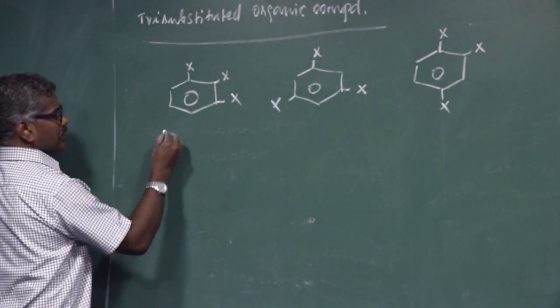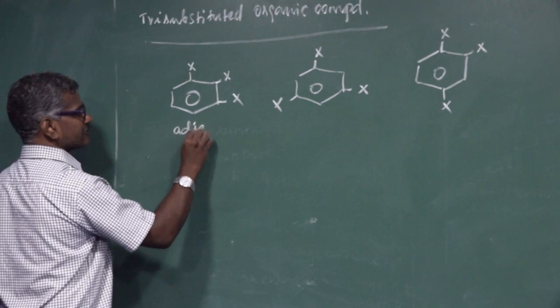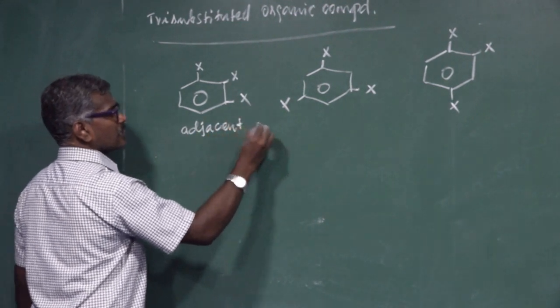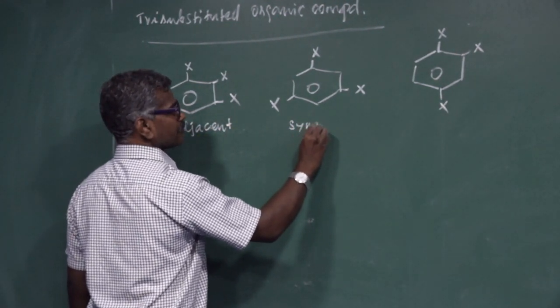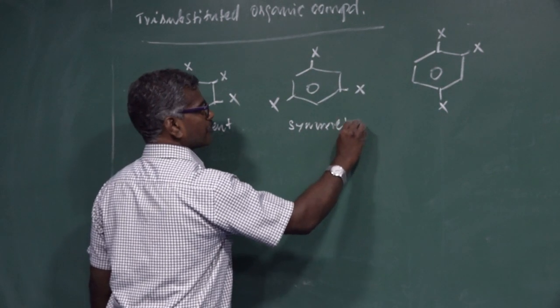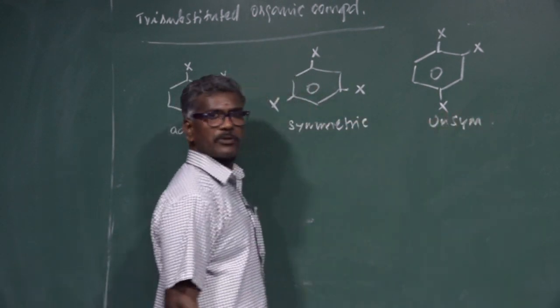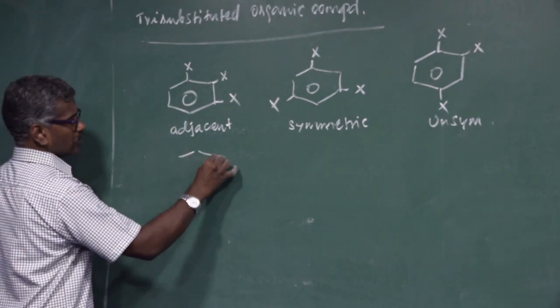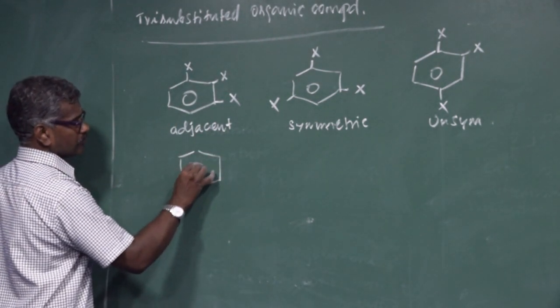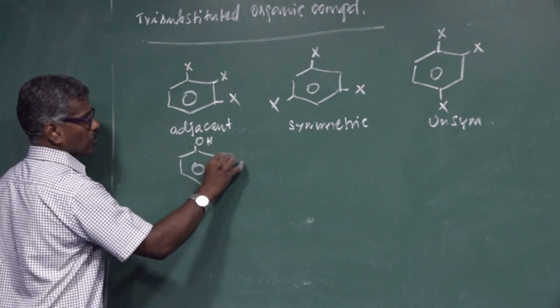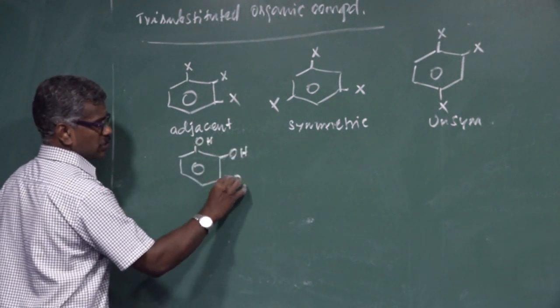Three substituents. This one is adjacent. This one is symmetric. This one is unsymmetric. For example, OH, OH, OH.